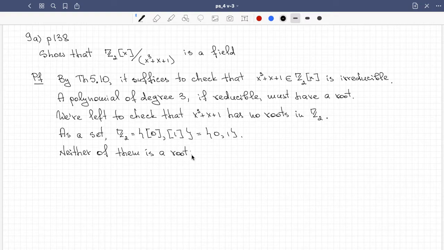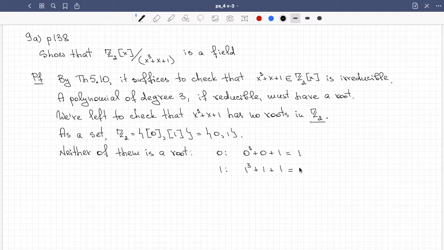Indeed, when we plug in 0, we get 0 cubed plus 0 plus 1, which is 0 plus 0 plus 1, 1. And when we plug in 1, we get 1 cubed, which is still 1, plus 1 plus 1. 1 plus 1 is 0, we are calculating in Z2, and 0 plus 1 is 1.